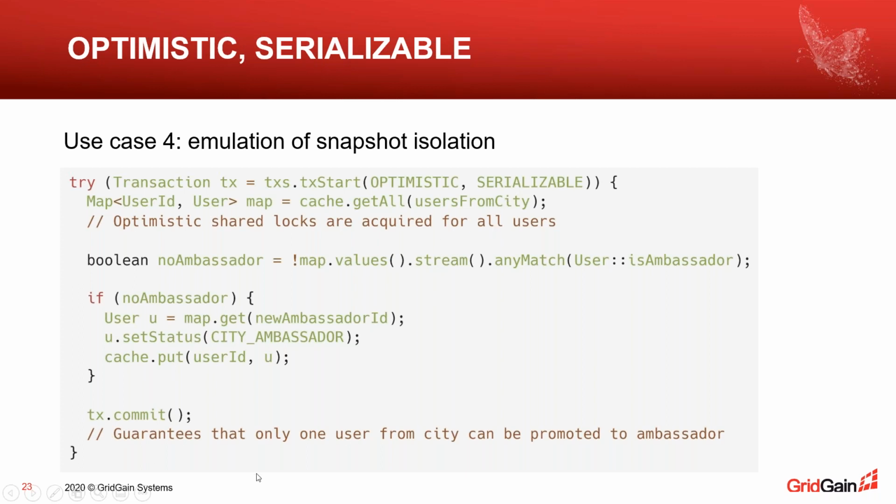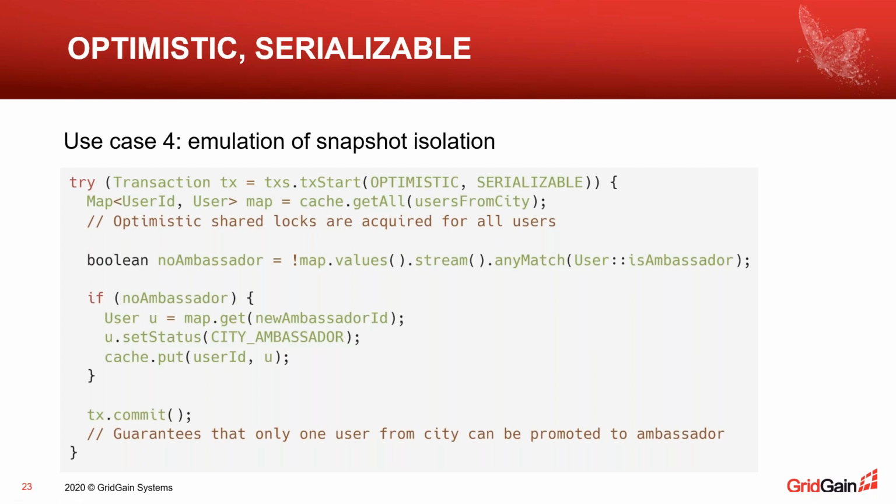And a successful commit guarantees that only one user from the city will be promoted to ambassador, because in this transaction we have queried all users and none of them was an ambassador. We assigned an ambassador status to one of them, and success of the commit means that no one else has assigned or changed any other user.